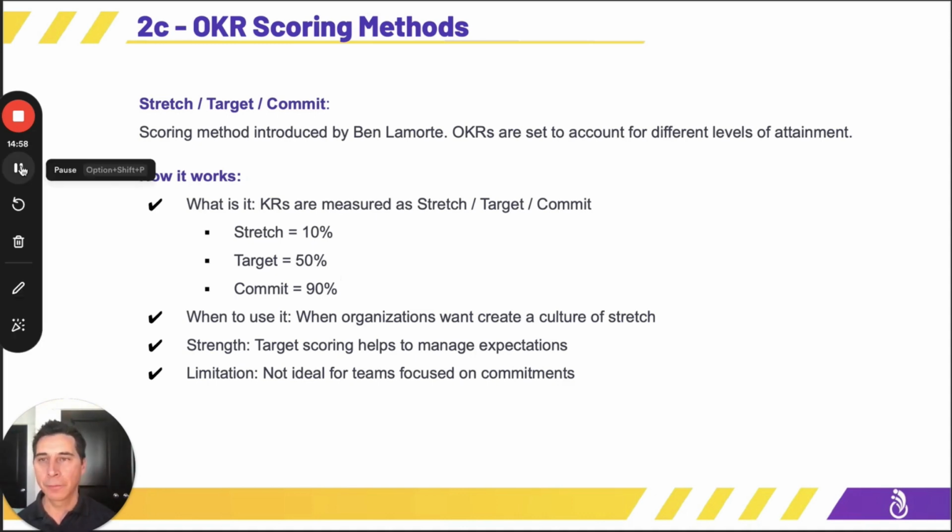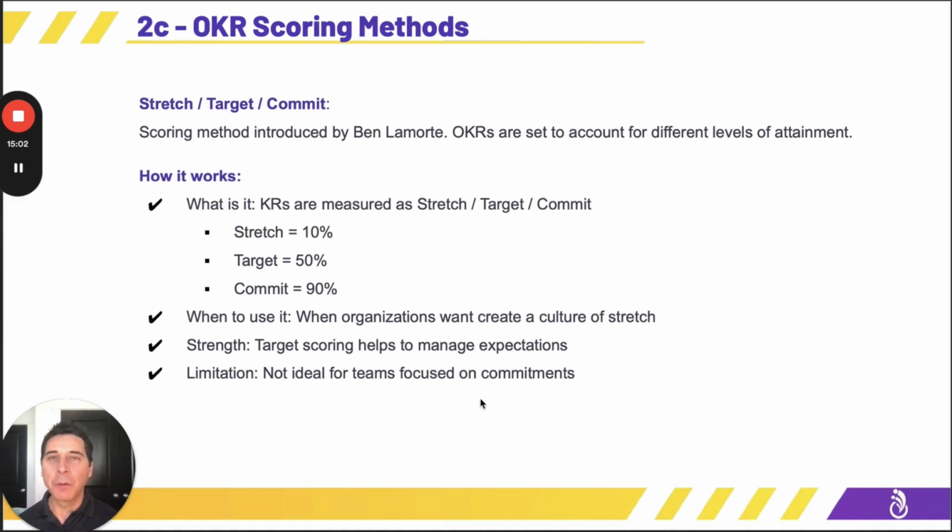Its limitation is that it's not ideal for teams that are focused on commitments. So in this case, you probably don't want to use this scoring method if we have to be SOC compliant by the end of Q2, or if we have to be off of one system and onto another system by a certain date. So not ideal in those cases, but definitely a good scoring method.